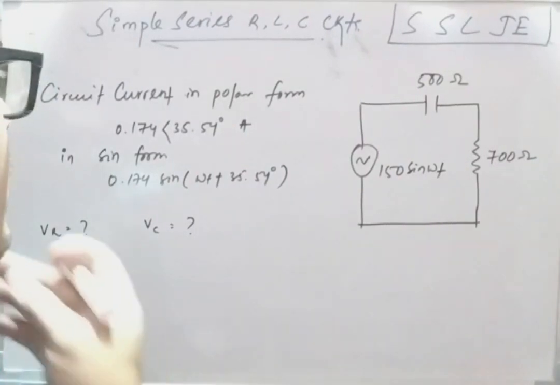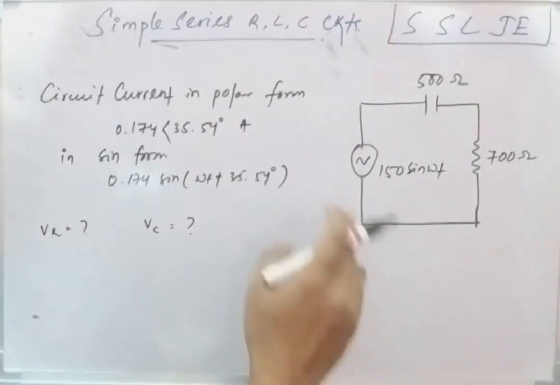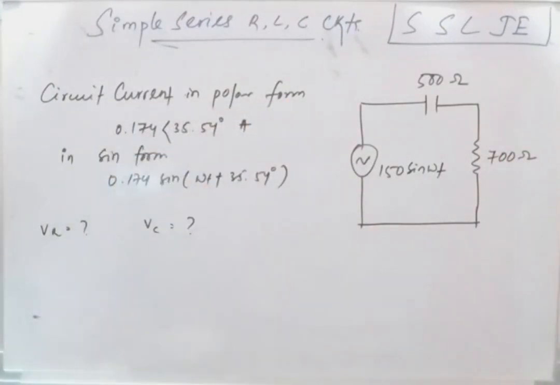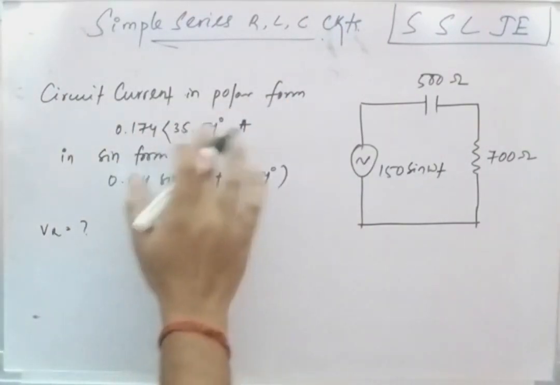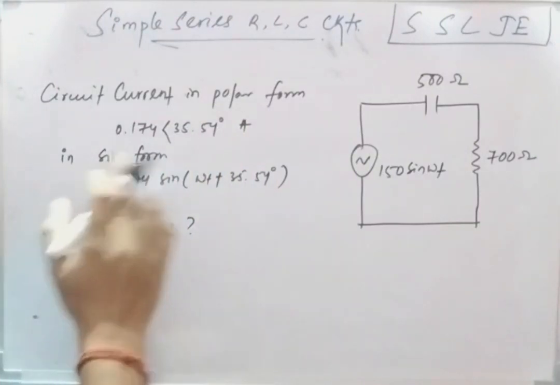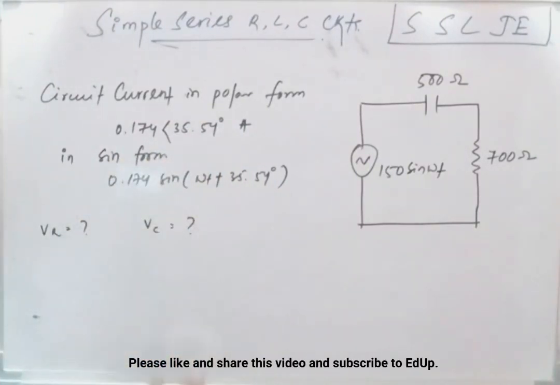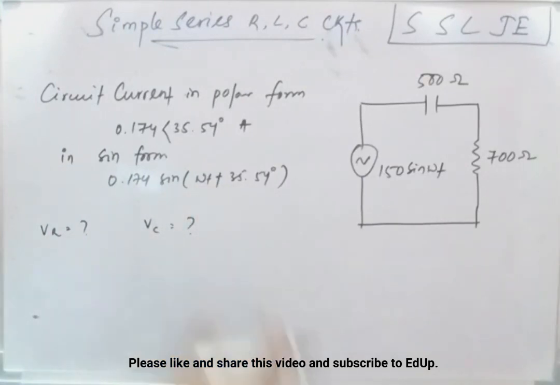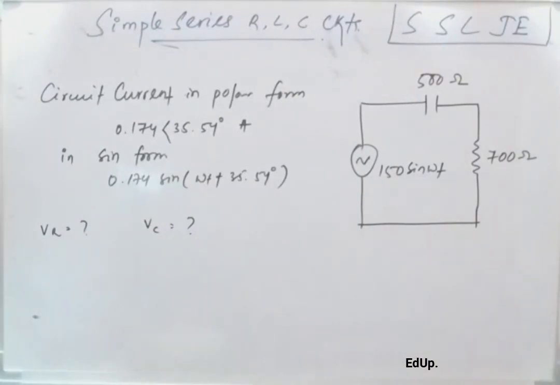In the previous lecture video, I solved for the circuit current in polar form, that is 0.174 angle 35.54 degree, and in sinusoidal form 0.174 sine omega t plus 35.54 degree. For the solution, you can refer to my second lecture video.